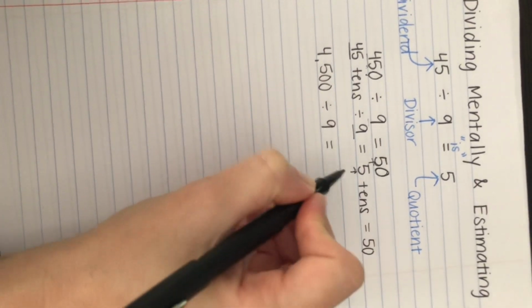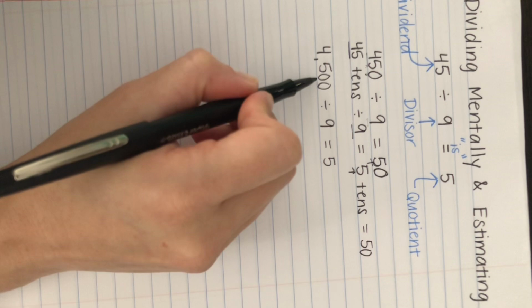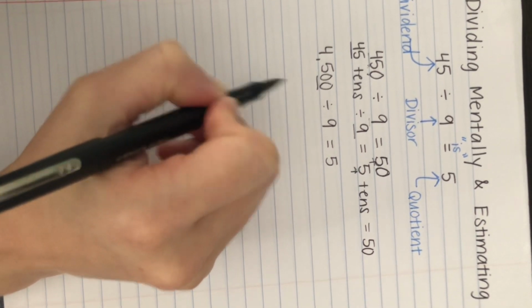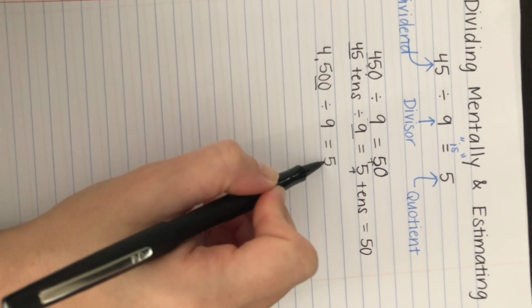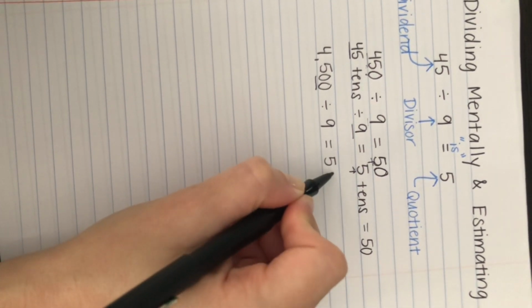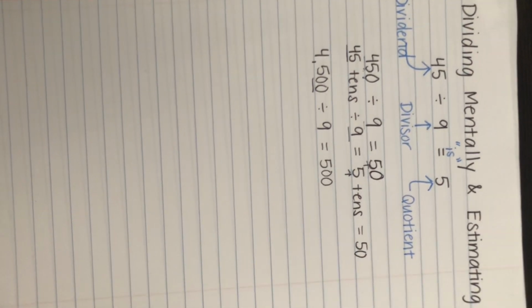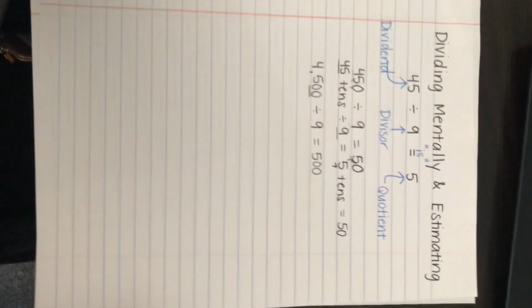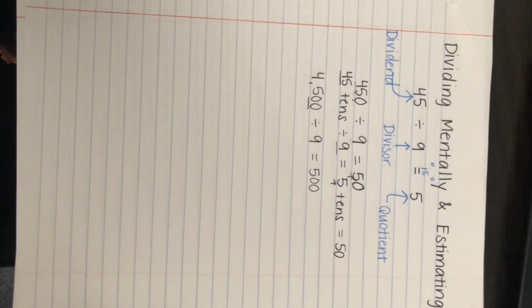And we already know that 45 divided by 9 is 5, but we're really dividing 45 hundreds by, I'm sorry, by 9. So our answer would be 5 hundreds or 500 ones. So that's kind of like the pattern that we'll be looking at in using mental math to do our division.